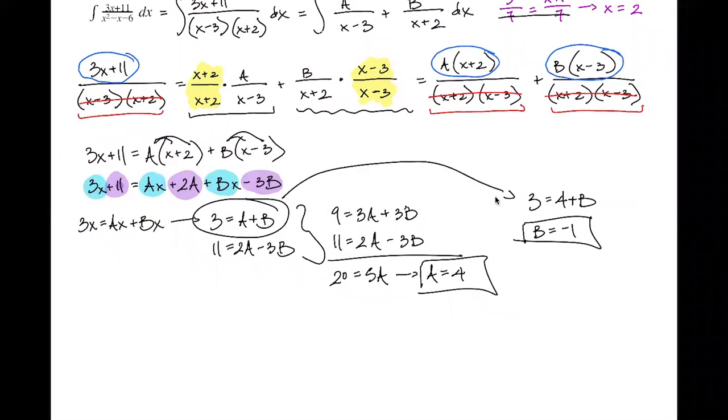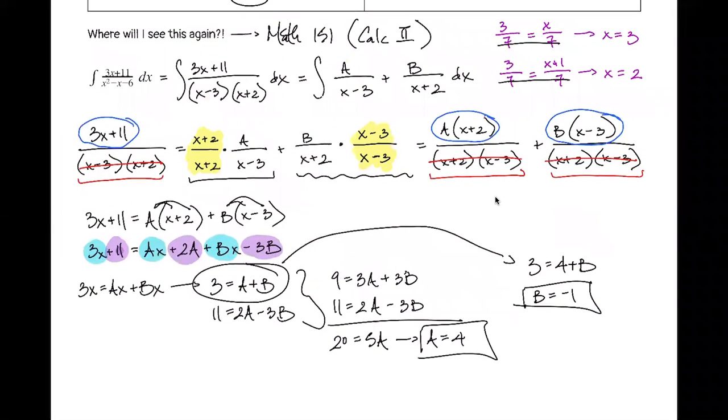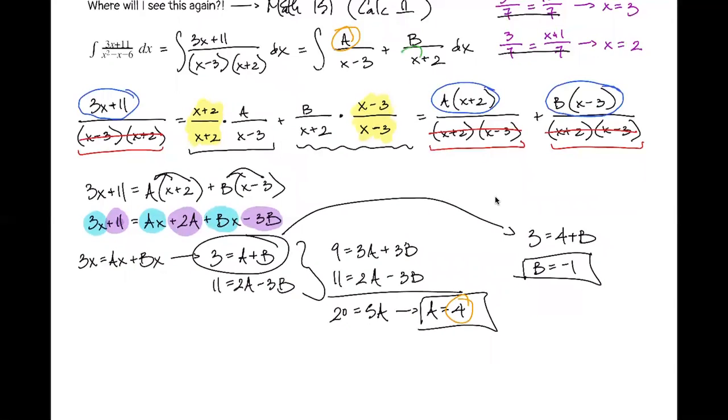All right, so what does that mean? That means way back up here, everywhere I see an A, I can put 4. It also means that everywhere I see a B, I can put a negative 1.